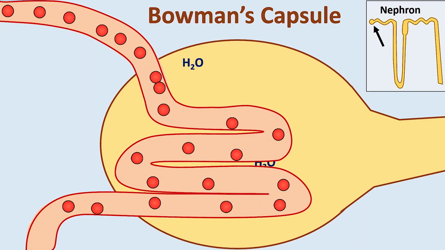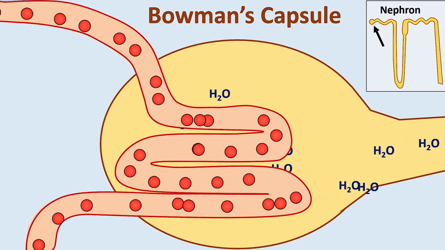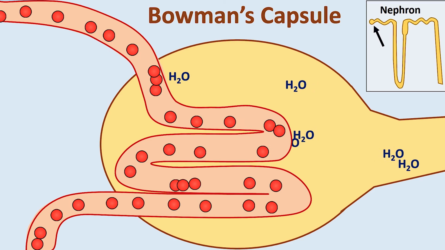Blood pressure forces fluid from the blood in the glomerulus into Bowman's capsule. In this case, filtration is going to be non-selective for different types of solutes, with the exception of large proteins and blood cells. Bowman's capsule will allow water and salts to move into Bowman's capsule and then into the proximal tubule.